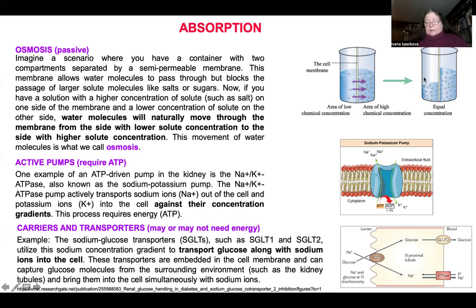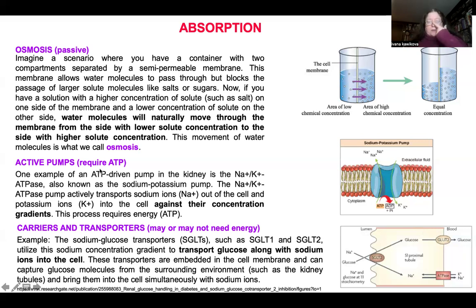That means that there will now be less water in the area where we originally had the lower concentration, lower osmolarity environment. And this is a principle that is used in the kidney wherever the wall of the tubule is permeable for water.